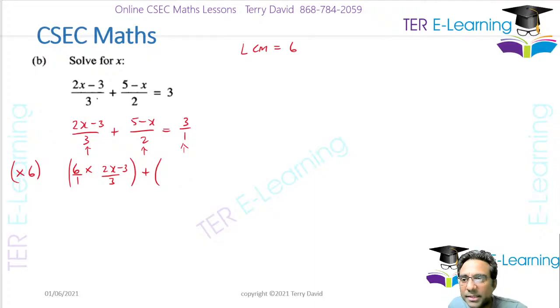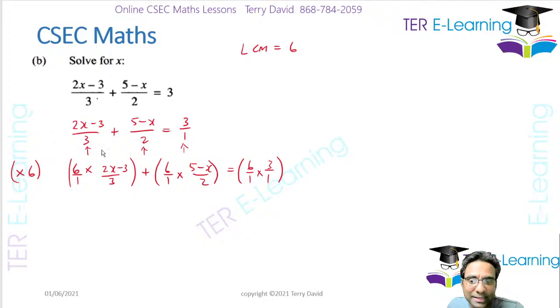So I'm going to multiply 6 over 1 by 5 minus x over 2, is equal to 6 over 1 multiplied by 3 over 1. Now, things are going to start to simplify for us here. This 3 can go into the 6 2 times. So this is going to be 2 open brackets 2x minus 3, plus this 2 can go into this 3 times. So therefore this is going to be 3 open brackets 5 minus x. And then 6 by 3 is going to give me 18.